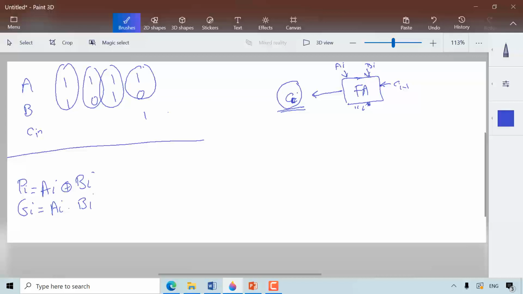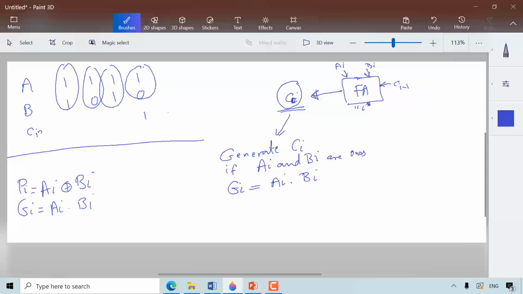Now we can define the following relation. We can generate C I if A I and B I are ones, meaning G I equals A I ANDed with B I. So if G I is 1, it means I will definitely have a carry.